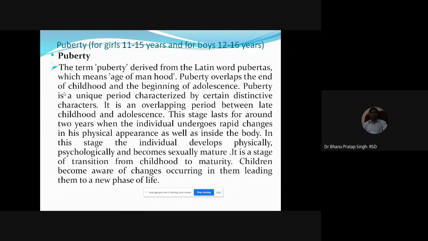This stage lasts for around 2 years, when the individual undergoes rapid change in physical appearance as well as inside the body. The child feels there is change in their body, in their physical appearance.